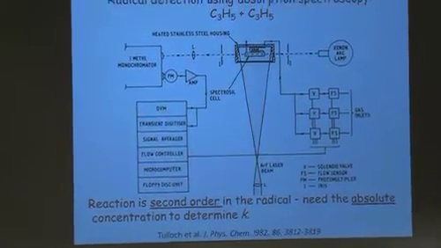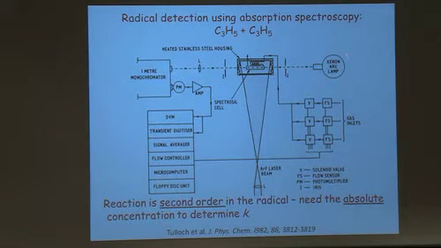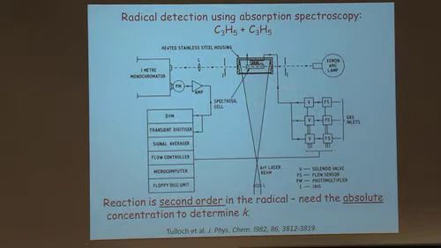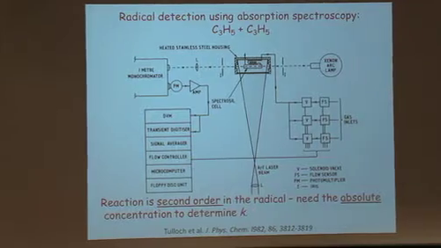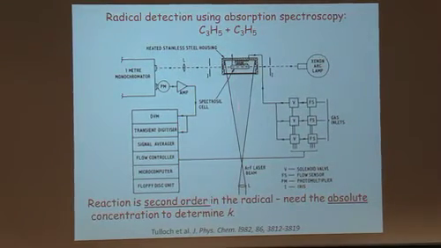I better explain the way in which the experiment works. What we've got is a reaction cell here, a xenon arc lamp, so light goes through the cell into a monochromator, and we have that monochromator set to a wavelength where the allyl radical absorbs. And we use a laser beam, again, to generate the C3H5 here in a pulsed manner.